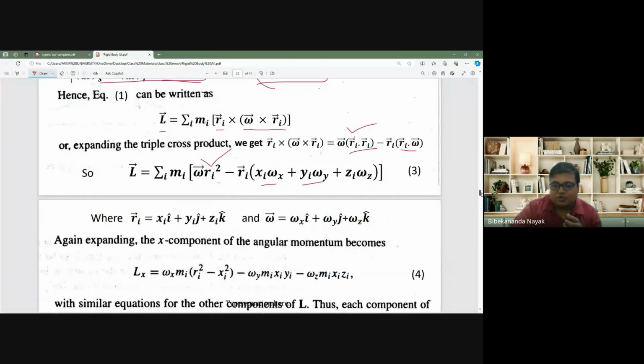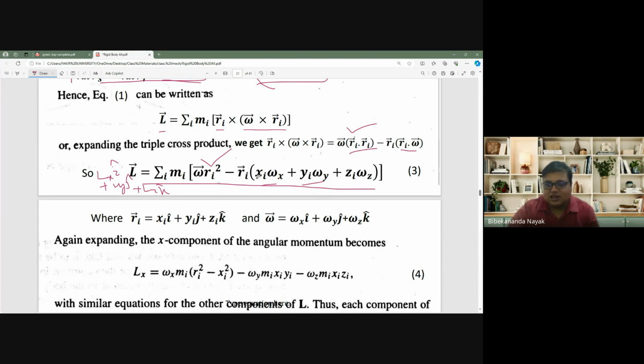So finally we found L from this equation. L means Lx i cap plus Ly j cap plus Lz k cap. What is multiplied to i cap is the component Lx, what is multiplied to j cap is Ly, and what is multiplied to k cap is Lz. So comparing this, you can say Lx is equal to how much?